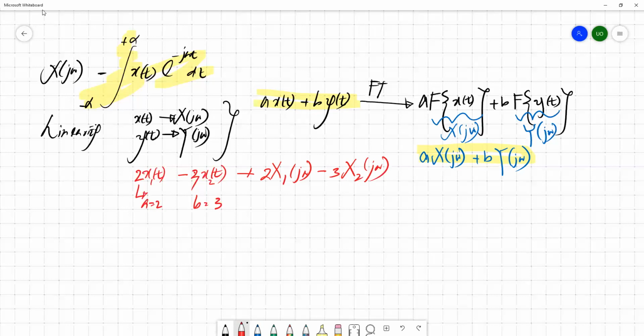We'll discuss one or two examples later on, but for the time being, let's assume that if it is a linear combination of x(t) and y(t) like this, where a and b are any kind of constants, you can easily get the Fourier transform of this linear combination.